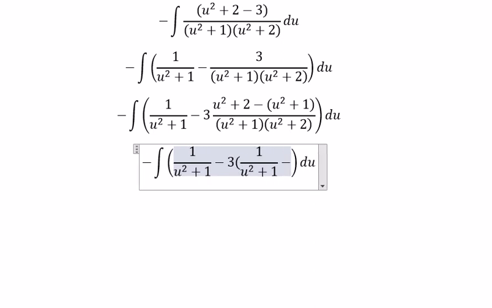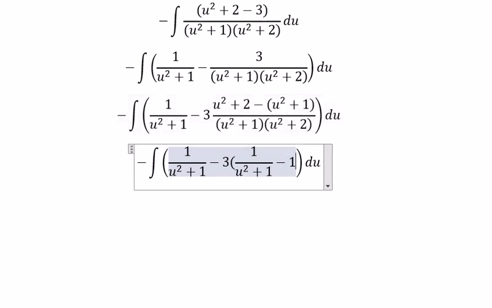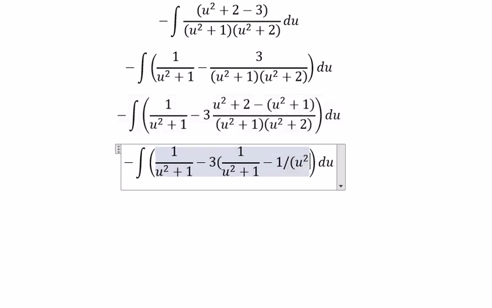And the next one, u square plus 1 divided by u square plus 1, you get 1 over u square plus 1.